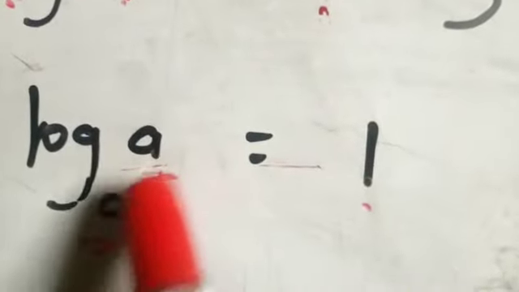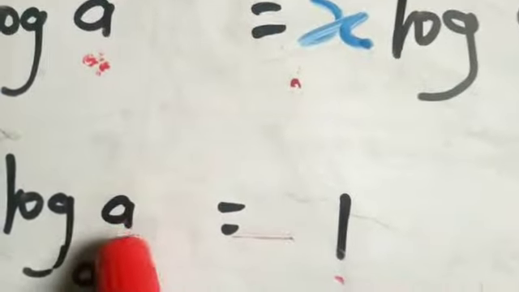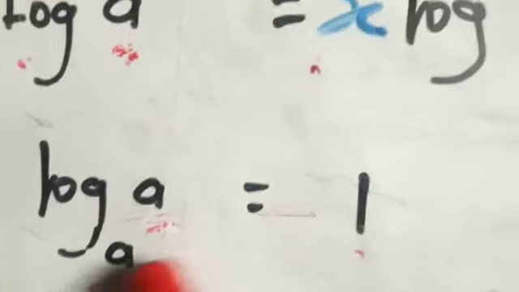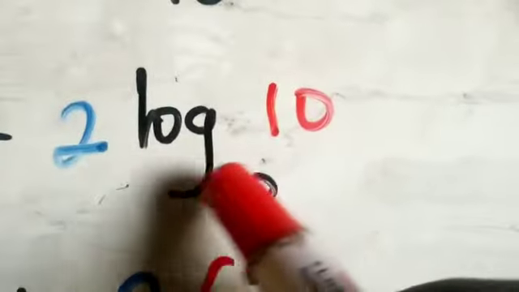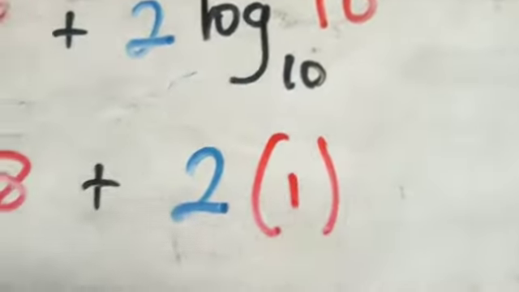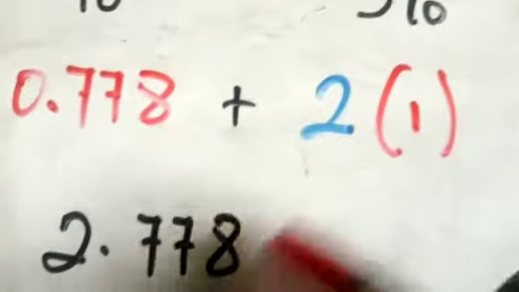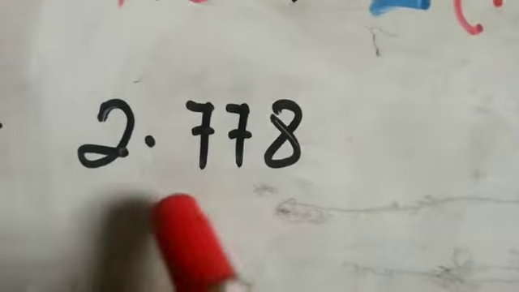Here, log of that same guy, these two is equal to 1, irrespective of whatever is here. If here is 1000, and here is also 1000, it means that it is 1. So that is how I got my 1 here. This guy will give you 1, so 2 multiplied by 1. So you just have to add these two to have your 2.778.